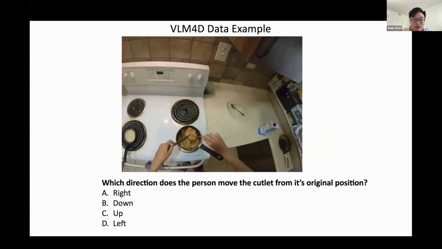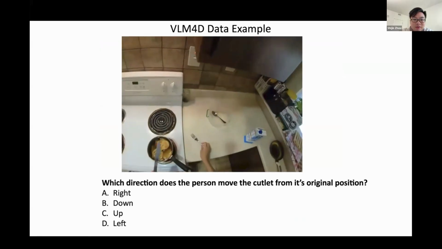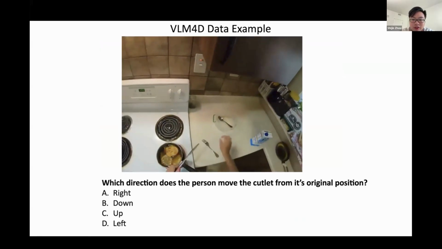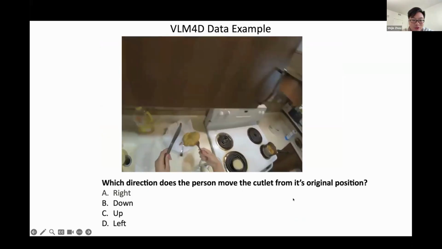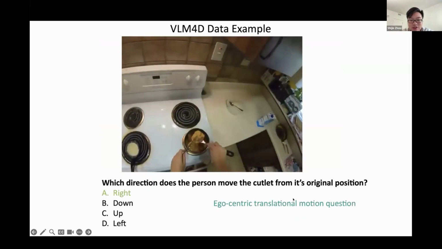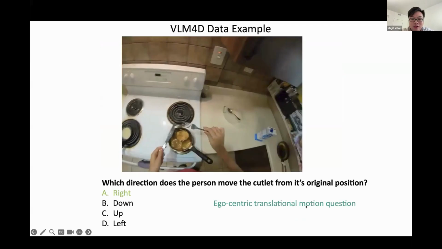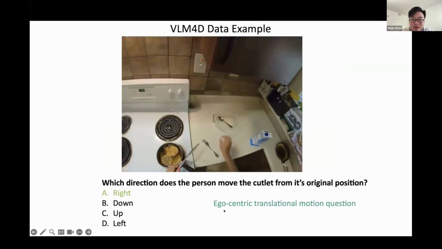So let's see some examples in egocentric perspective. This question is asked, what direction does the person move the couplet from its original position? So we can observe that this person moved to the right. So this is a question classified as the egocentric translational motion question.